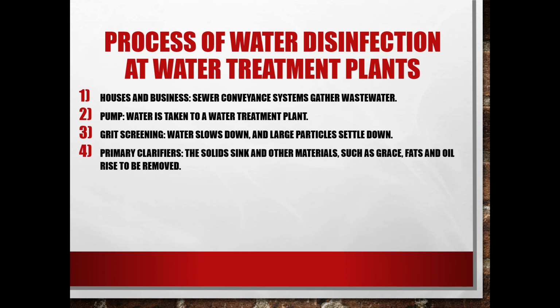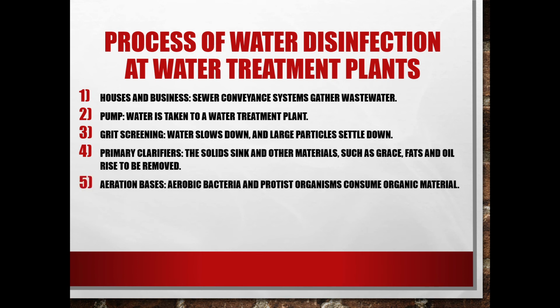Number 4, primary clarifiers. The solids sink and other materials such as grease, fats, and oil rise to be removed. Yes, so since it slows down, all of the solids are going to come down thanks to gravity. And then with a special machine or with the use of some other artifacts, all of the grease, fats, and things that rise up from water are going to be removed.